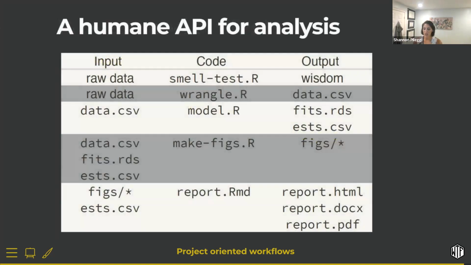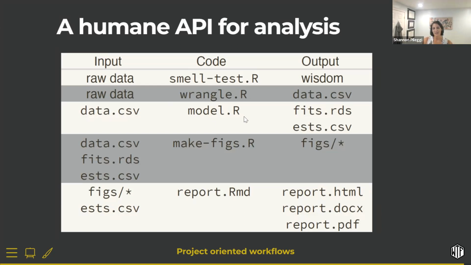And so one way you can think about lining up your project and breaking it down is to think about what goes into your code, the code that you're using to work with that object, and then what comes out as a result. So for example, you might put raw data into wrangle.R to get your data into shape, and you're going to come out with some clean data called data.csv. Then that data.csv is now going to be used as an input for modeling.